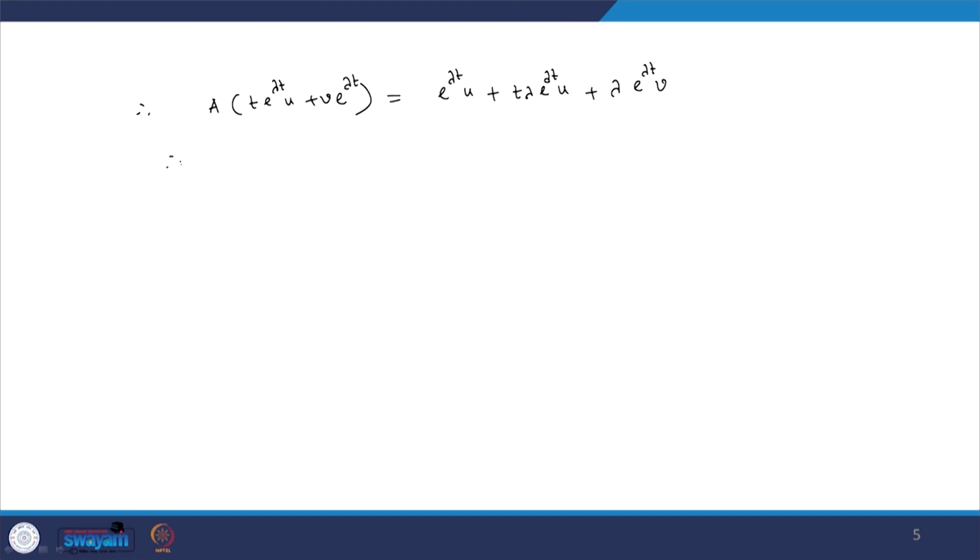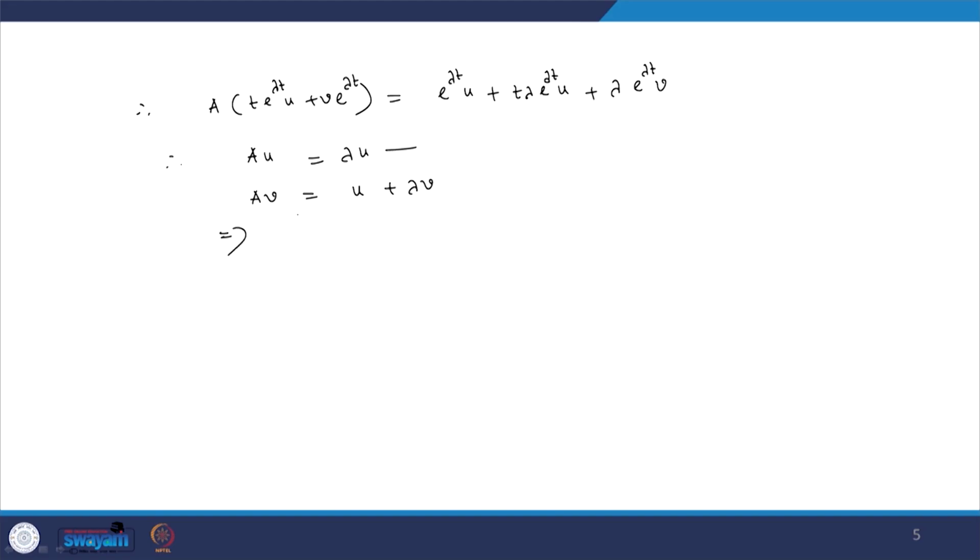So, comparing the coefficients of t e to the power lambda t and e to the power lambda t from both sides, I will have A u equal to lambda u, this is one, and the other one, the coefficient of e to the power lambda t, is A v equal to u plus lambda v.